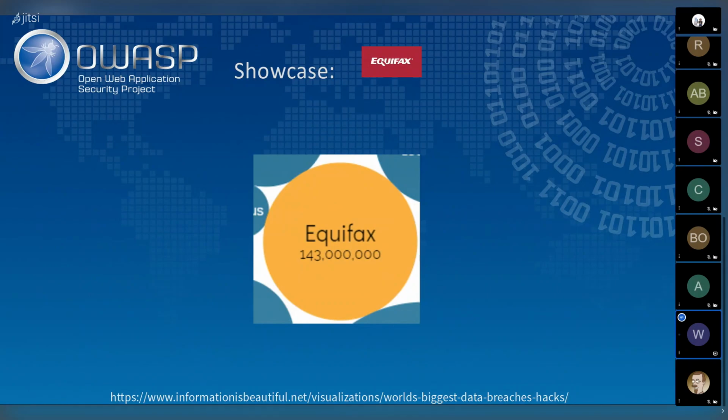The size of the bubble shows how many personal records were stolen, and only those yellowish ones received media coverage. So yeah, it's quite interesting.